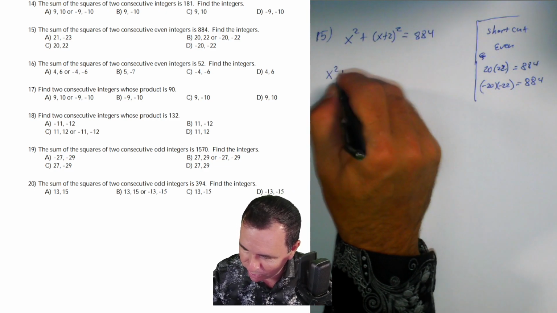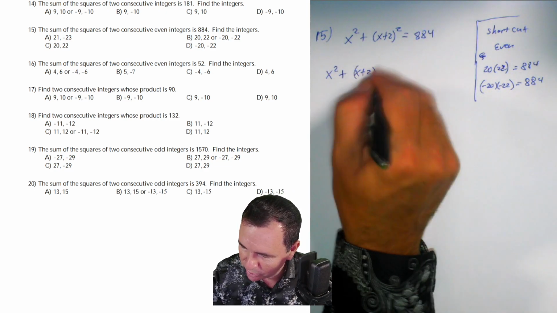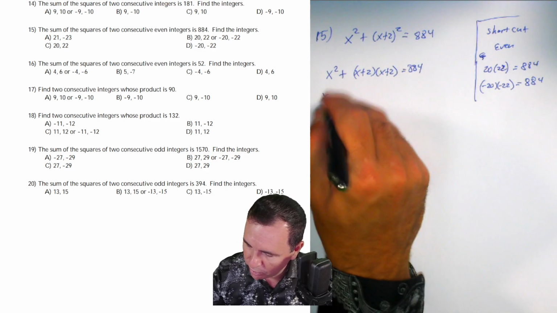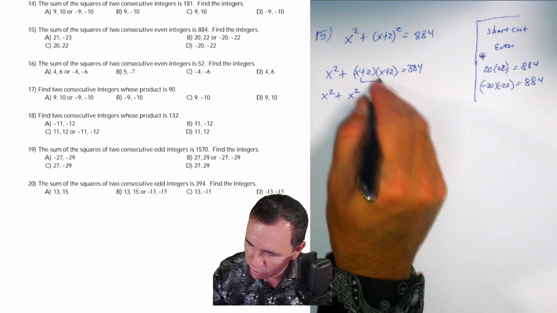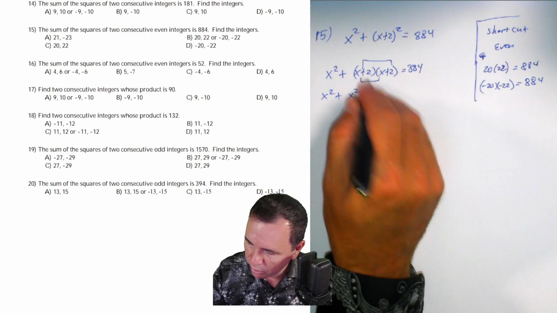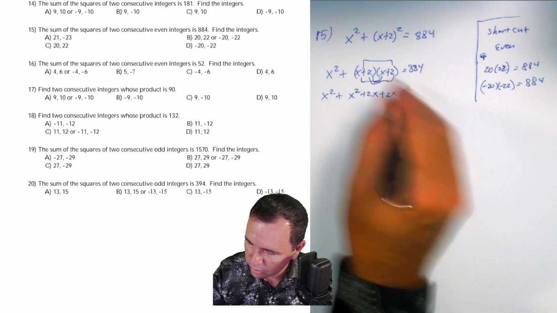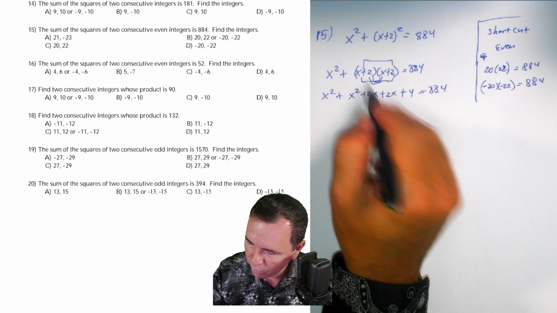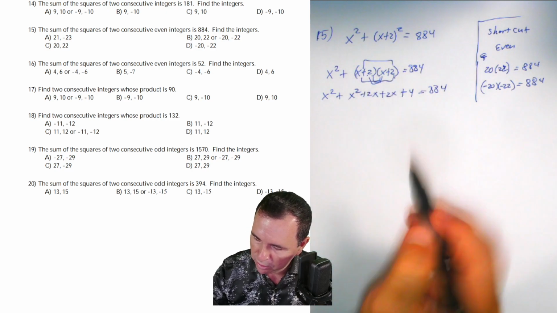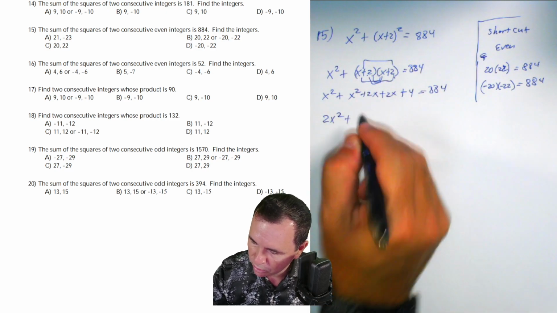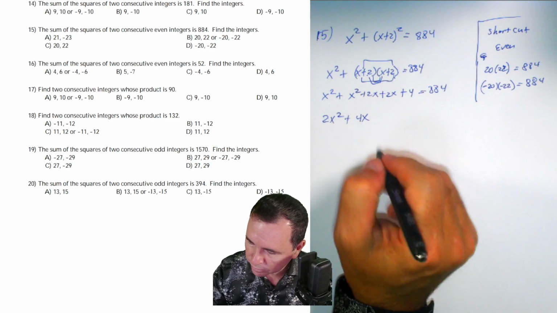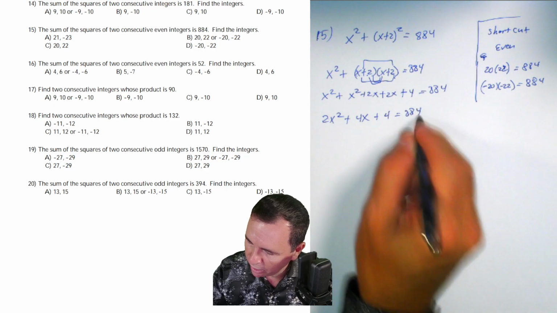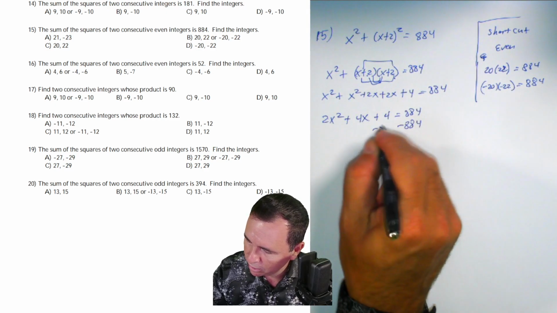Look, x squared plus (x plus 2) times (x plus 2) equals 884. And then x squared plus x squared. So first times first, outer, inner, last. Then I'm going to combine like terms, and then subtract 884 from both sides.